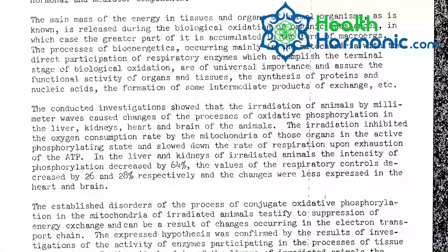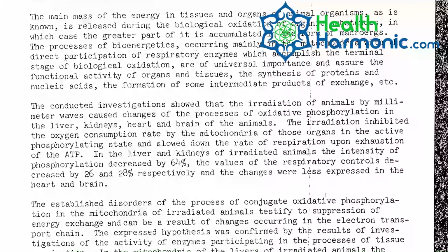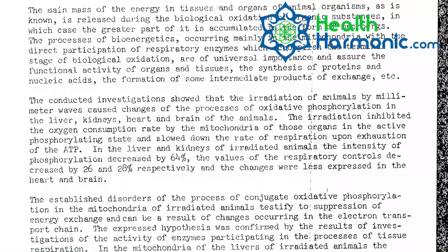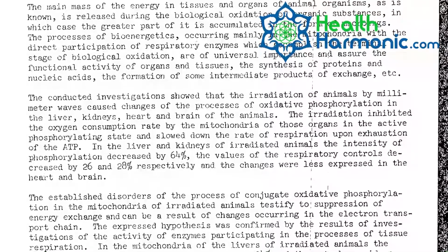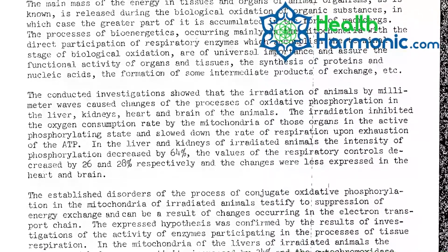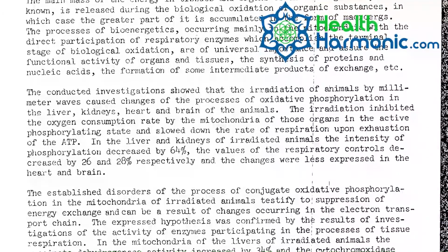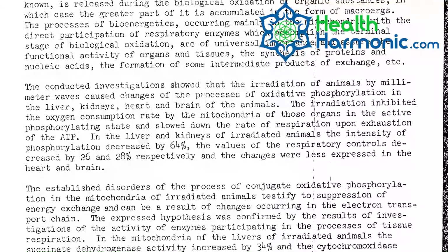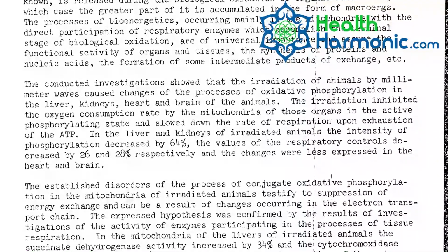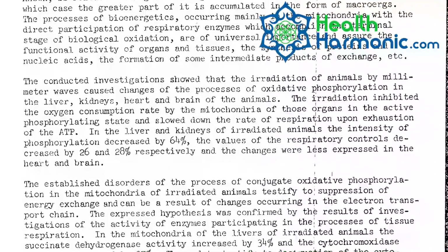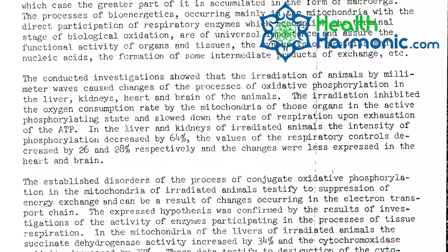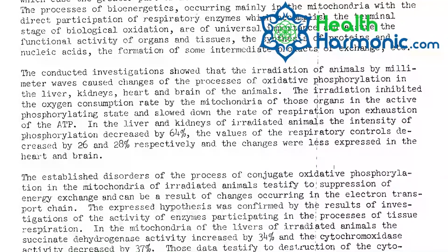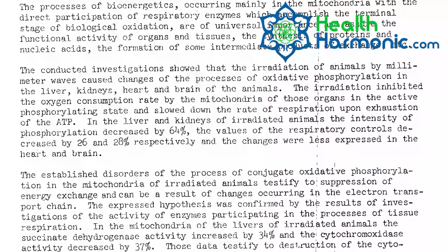The conducted investigations showed that the irritation of animals by millimeter waves caused changes in the processes of oxidative phosphorylation in the liver, kidneys, heart, and brain of the animals. The irradiation inhibited the oxygen consumption rate by the mitochondria of those organs in the active phosphorylating state and slowed down the rate of respiration upon exhaustion of the ATP.